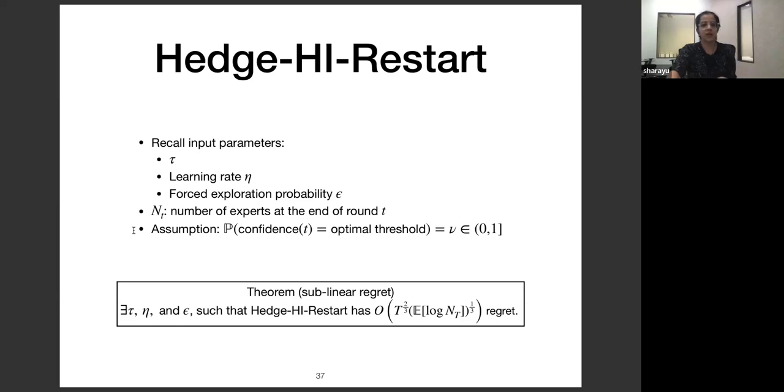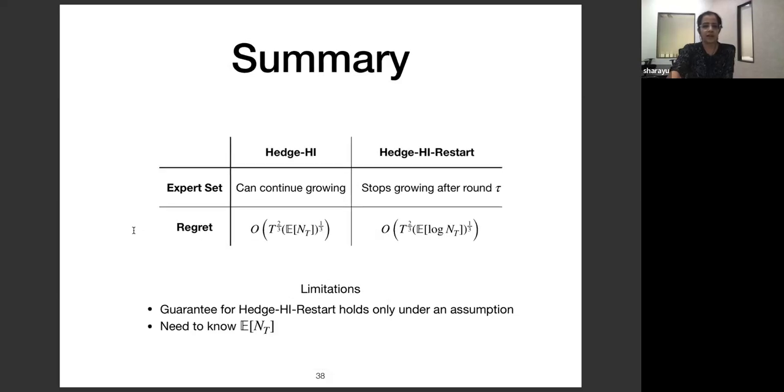In the interest of time, I'm skipping the details of the proof, but here is a summary of our analytical results. We propose two algorithms. One is called Hedge-HI, the other is called Hedge-HI Restart. The key difference between them is how the set of experts evolves. This set stops growing after round tau for Hedge-HI Restart, but for Hedge-HI, it continues to grow and can potentially grow to the set of all possible confidence values that can be generated by the local model.